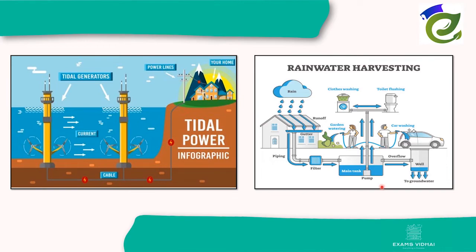The second method is roadside drains. The rainwater falling on roads gets collected in the drains. The drains can be modified so that water entering them directly seeps into the soil, or the water can be collected in a storage structure such as wells.